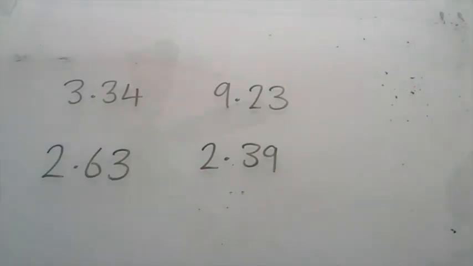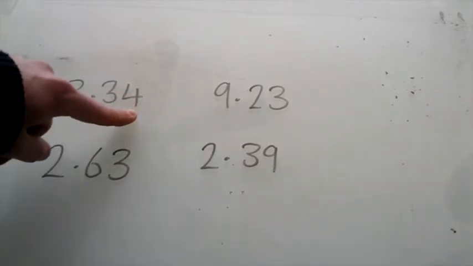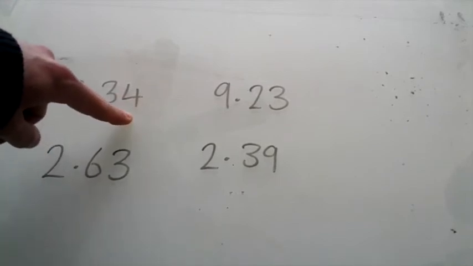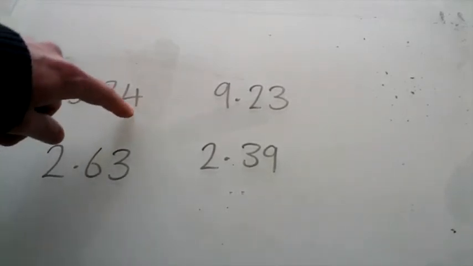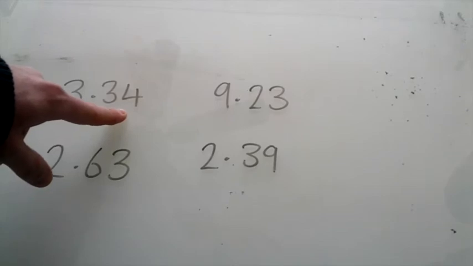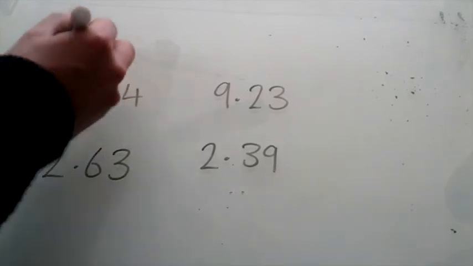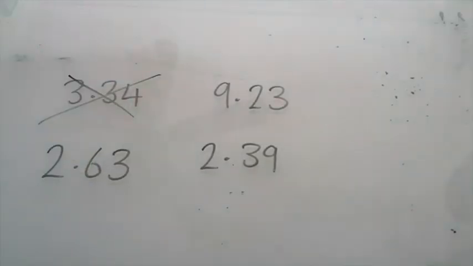My question to you is, which of these numbers has 3 in the hundredths column? So it has the 3 digit in the hundredths column. So first of all, let's have a look. We've got ones, tenths and hundredths. So that one in the hundredths column, what digit do we have? 4. So it's not that one. Let's have a look at this one.